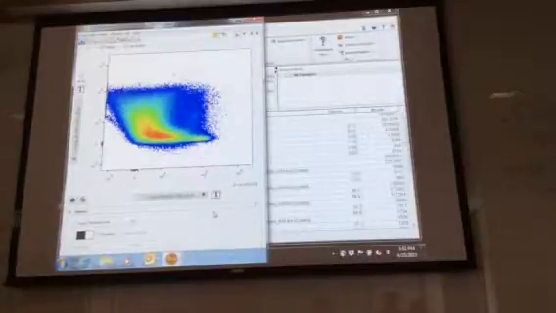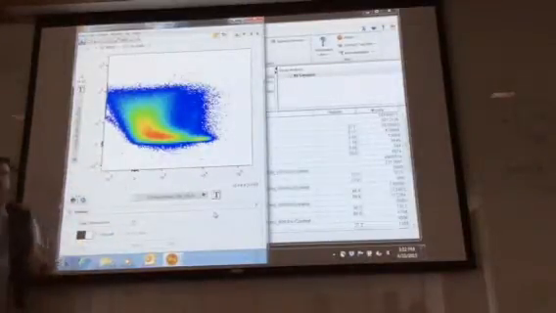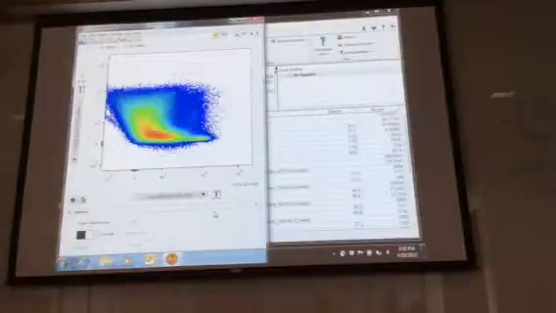Now, as they talked about in terms of the spectral overlap, there are certain combinations of dyes where you have to compensate very carefully because there is overlap. And then there are certain dyes which don't actually overlap, and therefore you typically don't really have to compensate them.